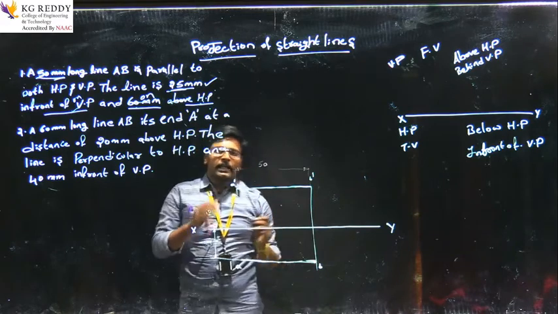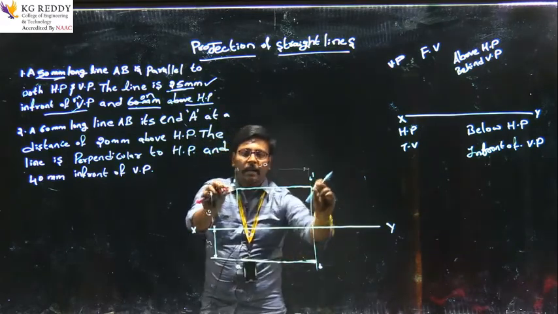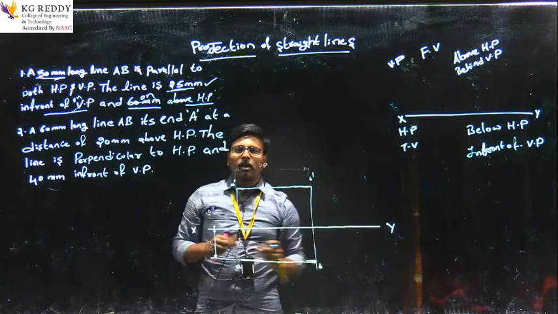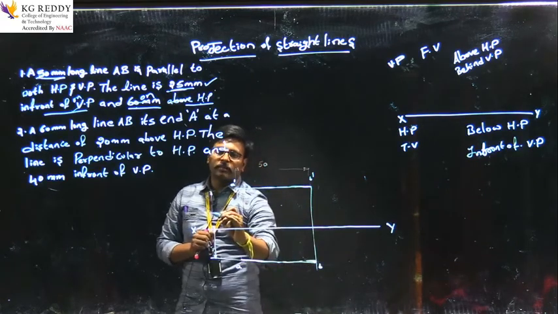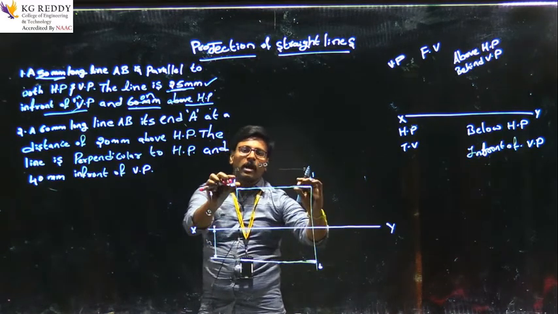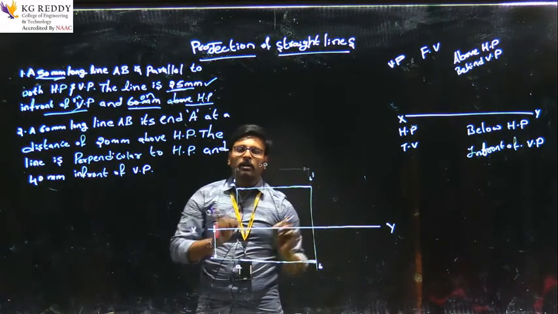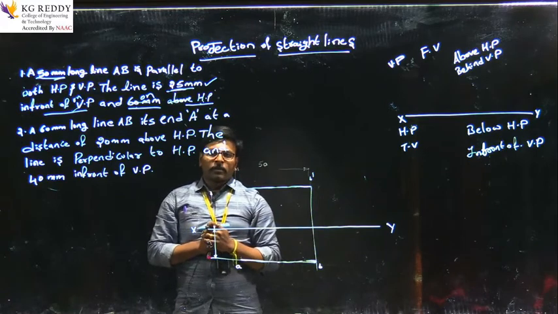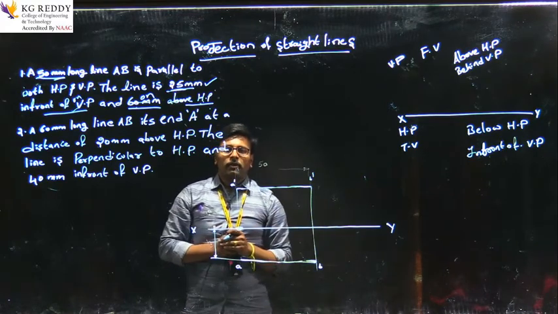In that case we have to draw these lines on the reference line. That means the 60 becomes 0 and 25 also becomes 0, so we draw these same lines on the reference line. This is the concept of a line parallel to both the planes.